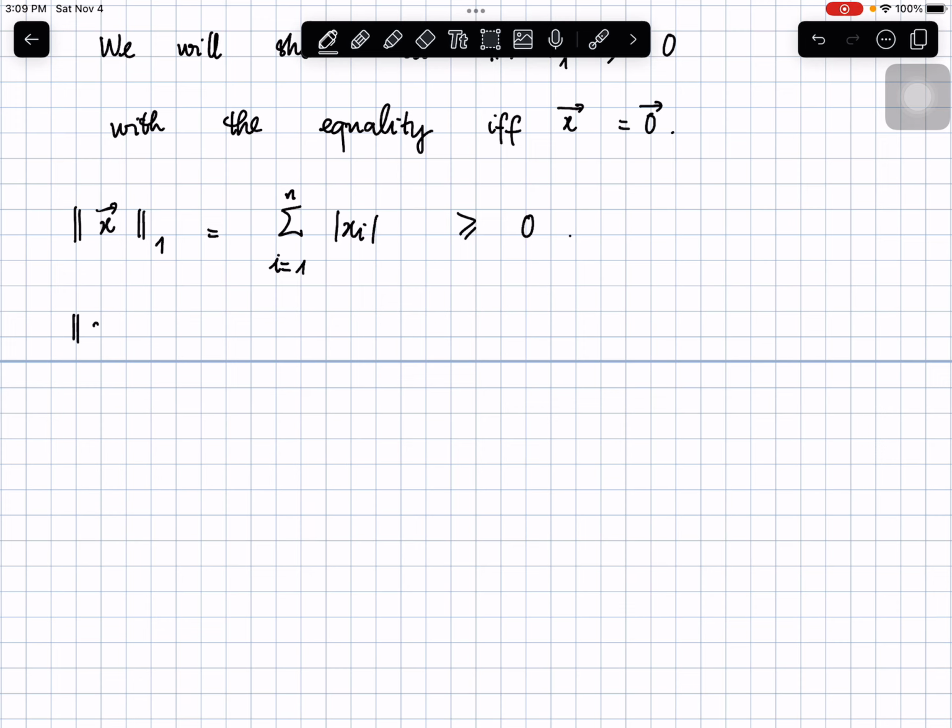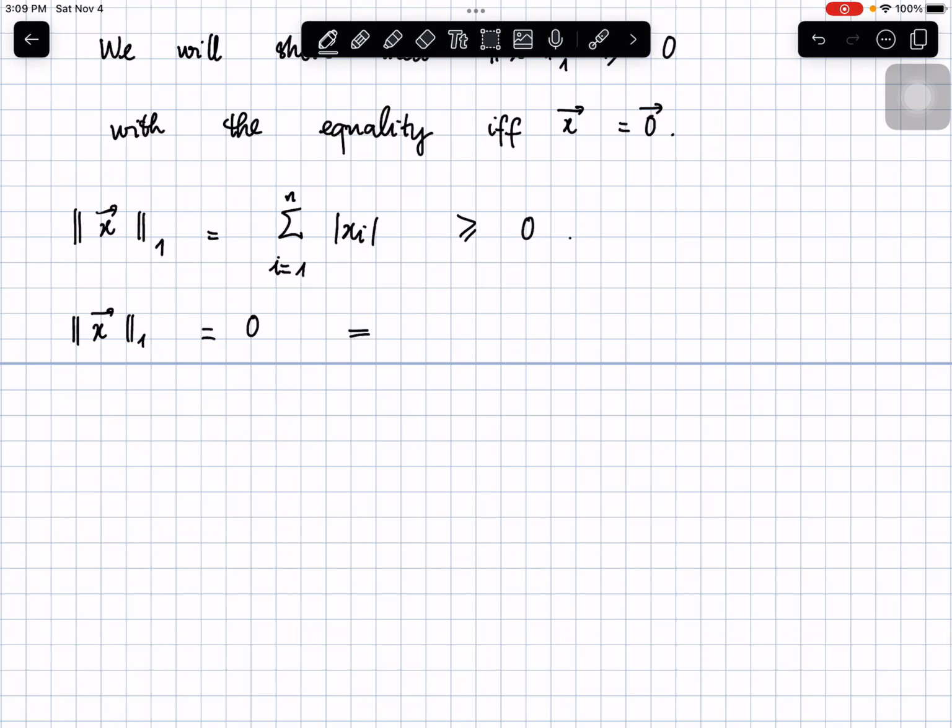Okay, and norm 1 of x equal to 0 if and only if the sum of the absolute values of xi from 1 to n is 0, and this is if and only if xi is 0 for all i.